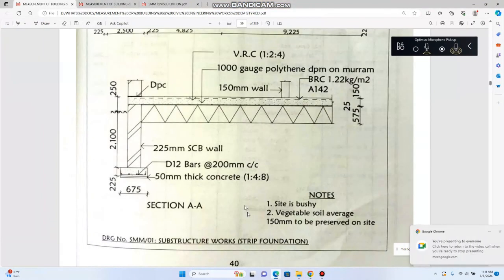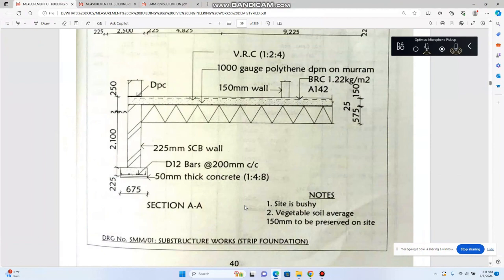In the substructure works, we can only price the area where the building will occupy. I will repeat that. It's very important. We will of course clear the whole site because we need the whole site maybe to build our site huts, to park our vehicles, to move around, to build our latrines.